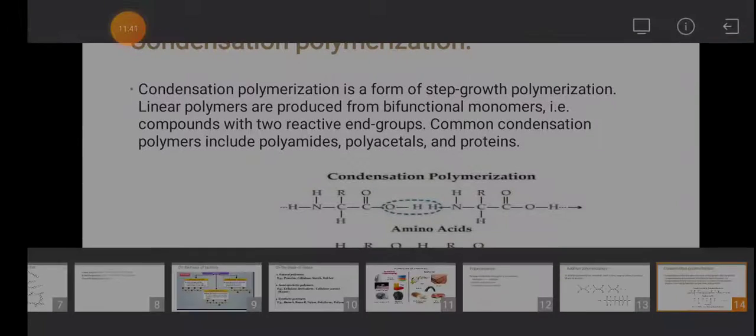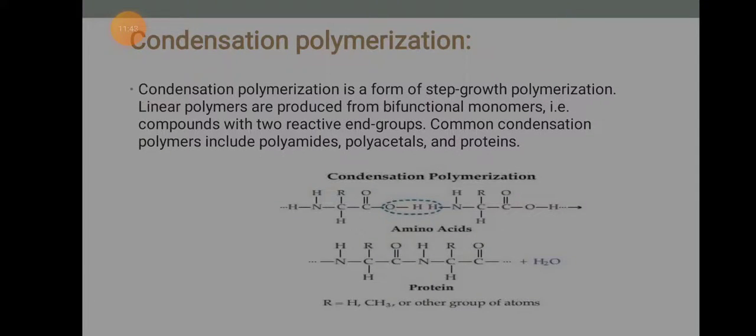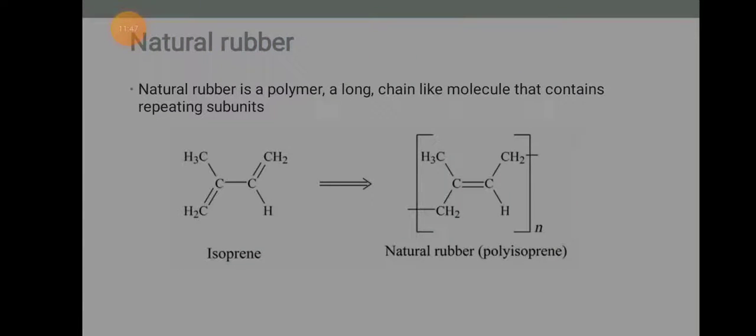Okay, now coming to natural rubber. Natural rubber is a polymer, a long chain-like molecule that contains repeating subunits. If you start with isoprene, there will be formation of natural rubber.